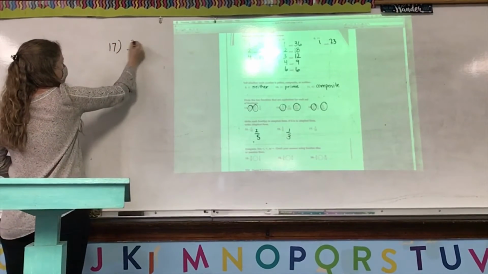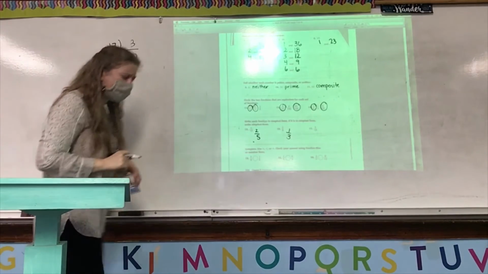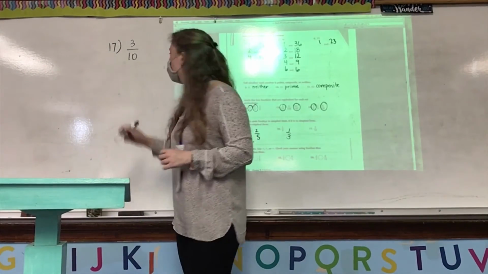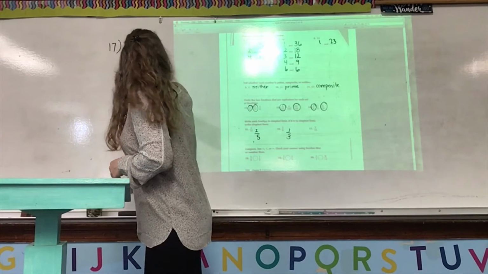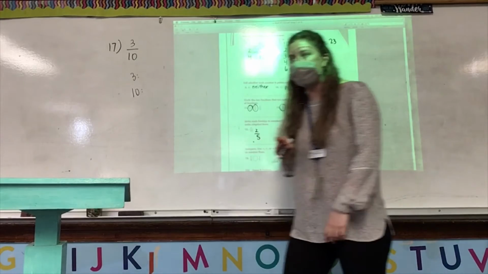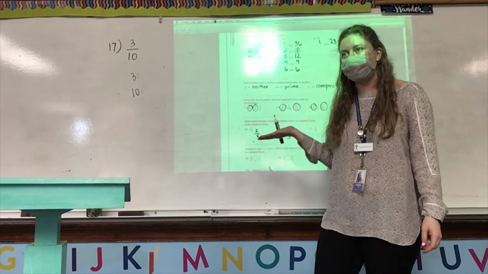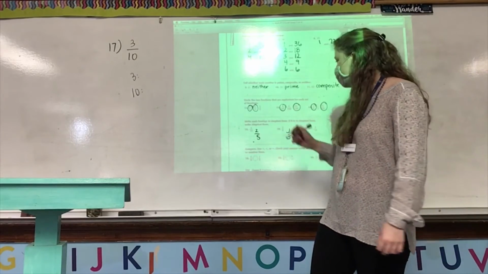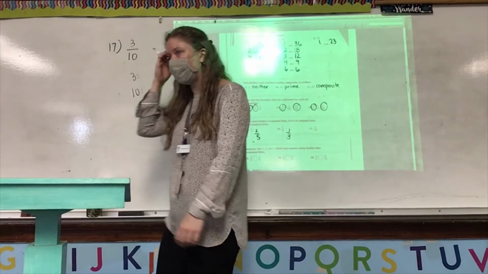We have 3/10. What are we finding the factors for? 3 and 10. What are the factors of 3? Hey, I'm going to give you a hint. Where else did we list the factors of 3? Number 16. Are the factors of 3 going to change all of a sudden?